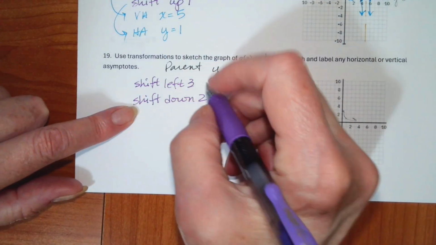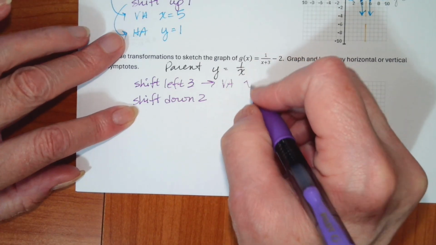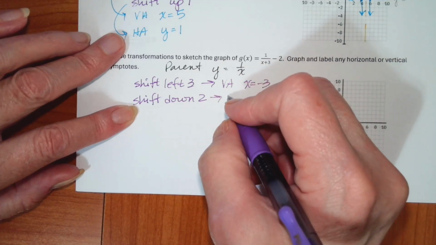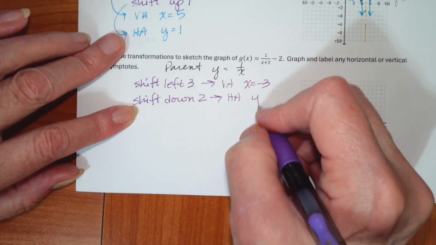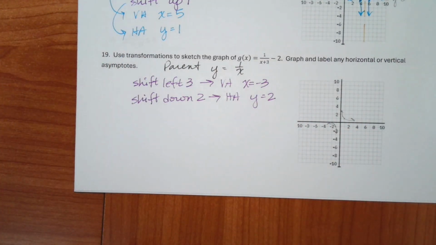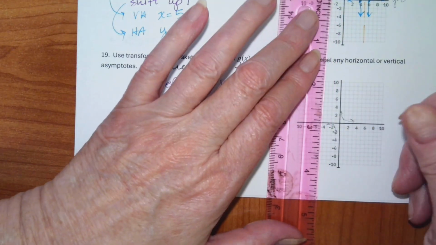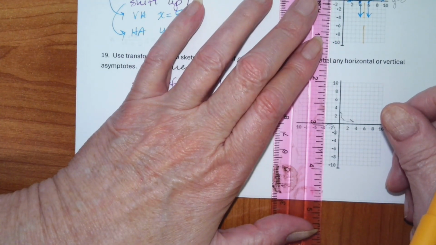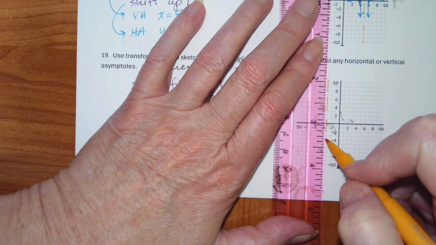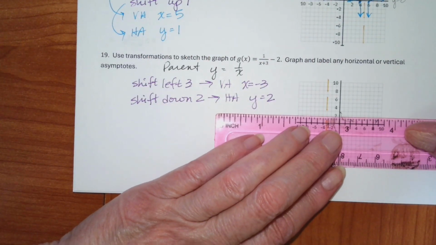Okay, so what that does is that moves my asymptote. Shifting to the left 3 gives me a vertical asymptote of x equals negative 3. Shifting down 2 means I have a horizontal asymptote at y equals negative 2. So I'm going to draw those in, and then I know how to graph that. Okay, so x equals negative 3, y equals negative 2.